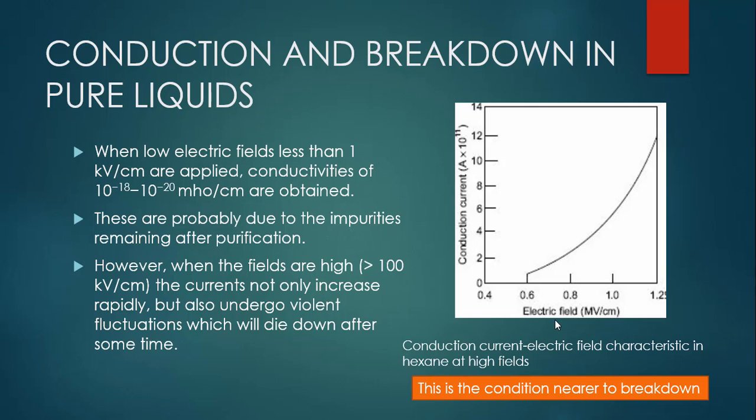This is the condition nearer to the breakdown. So you have the electric field and you have the conduction current. Beyond this, after this field, as it increases, the conduction currents also increase. But up to this point, there is no conduction current. So this is the region which is told about in point number one.